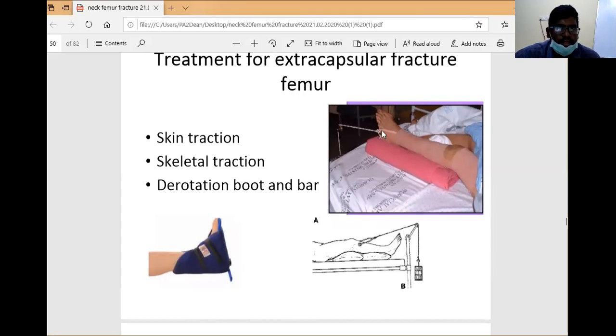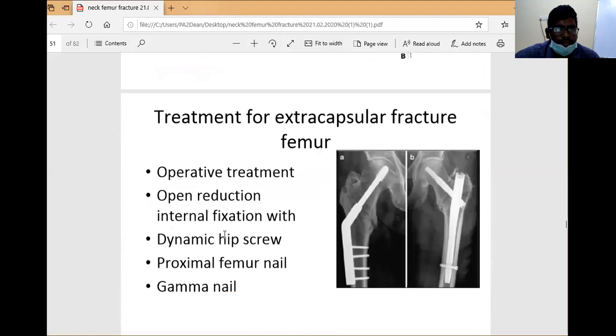With skin traction, you can apply only 2 to 3 kg of weight, which is not adequate for an IT fracture. Another one is upper tibial pin traction. This is called a derotation boot. It prevents the axial rotation deformity so that union can occur in a neutral position.